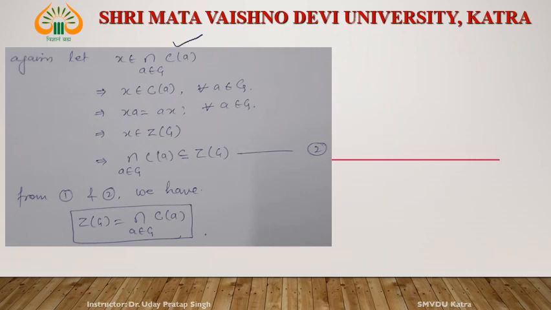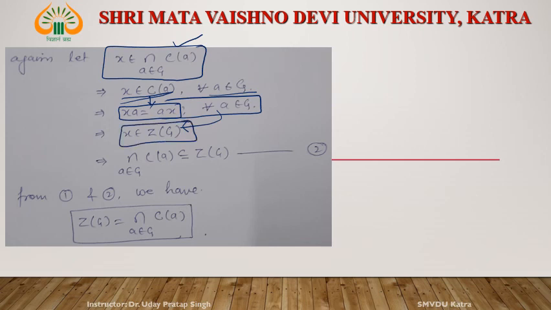Then x belongs to CA for all a belonging to G. x belongs to CA says that x commutes with a, xa is equal to ax, for all a belonging to G. And this whole thing says that x is in the center of G. So the intersection of the centralizers of a for all a belonging to G is a subset of ZG.